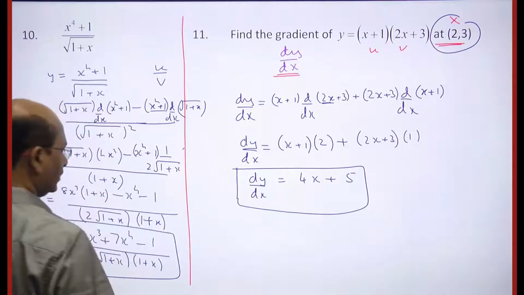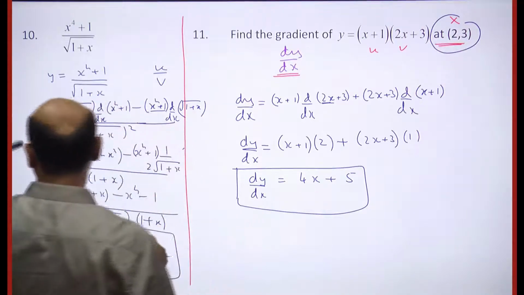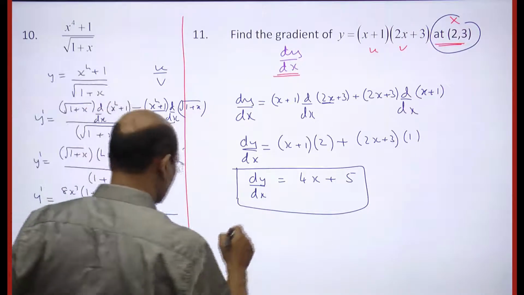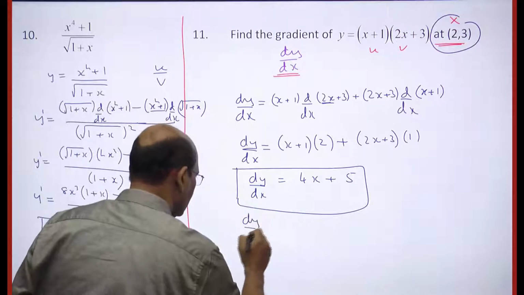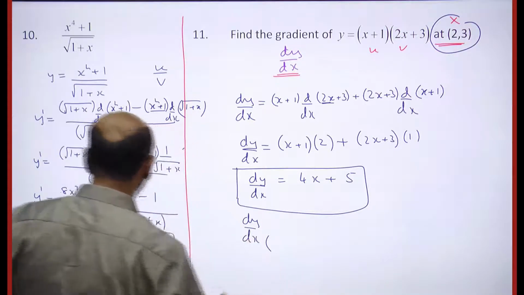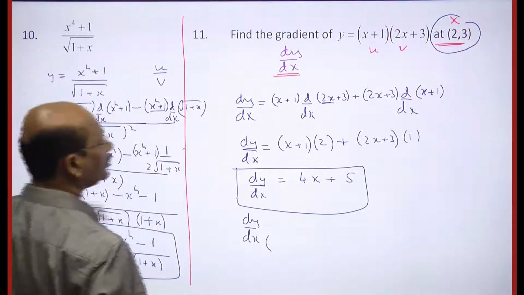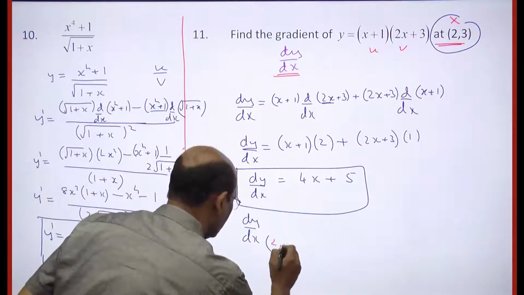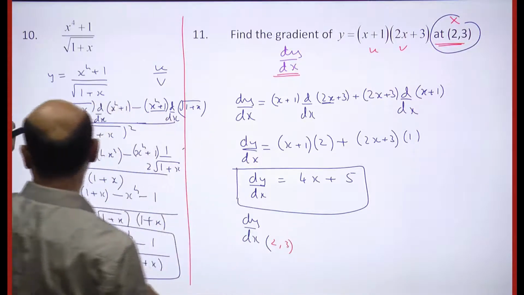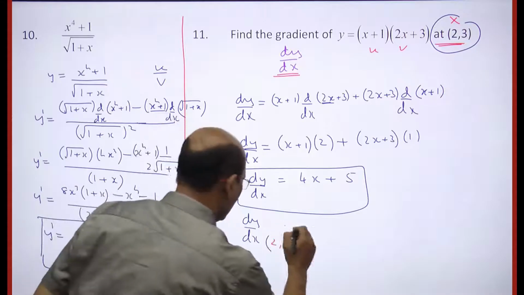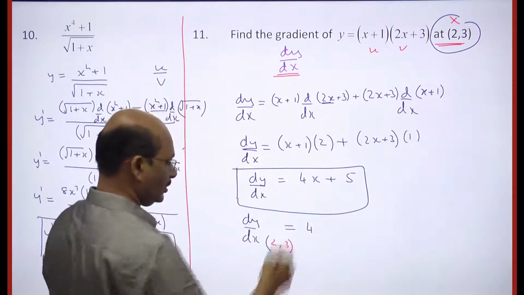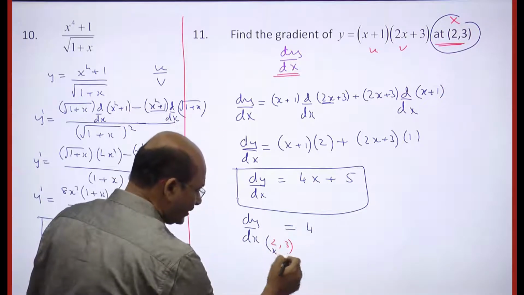Now what I will do is dy by dx at what point you want? You want (2, 3). At the point (2, 3), understand, this is my x, this is my y.